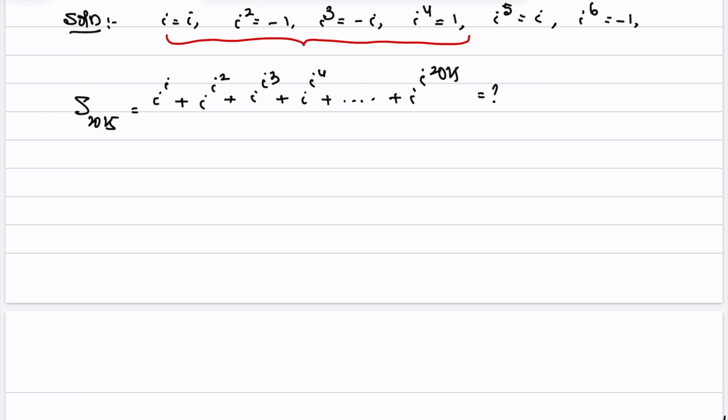First, this is nothing but i to the power of i plus i to the power of minus 1 plus i to the power of minus i plus i to the power of 1. This is one set of 4. Again it gets repeated.